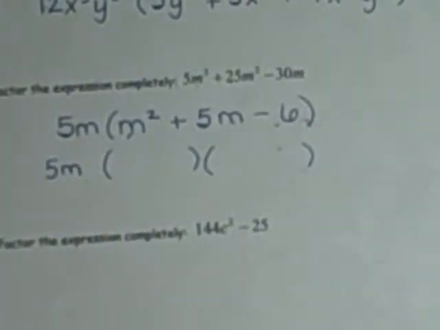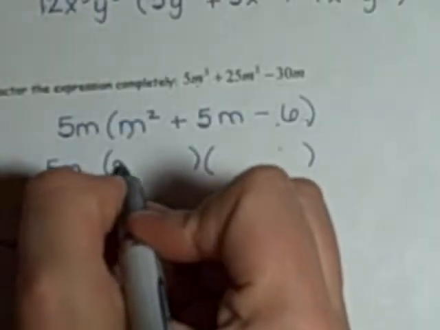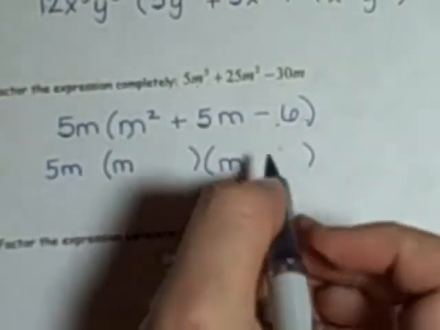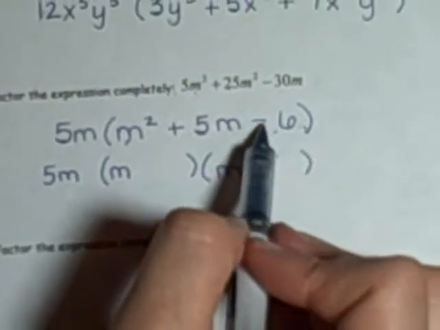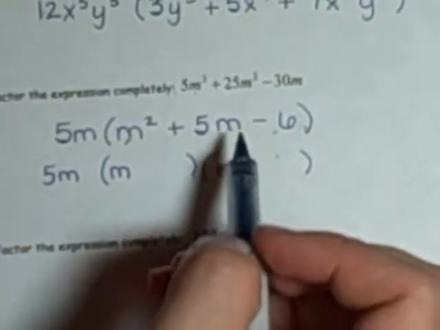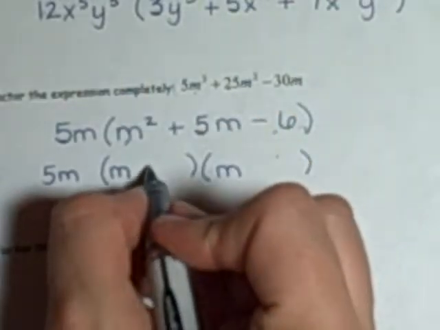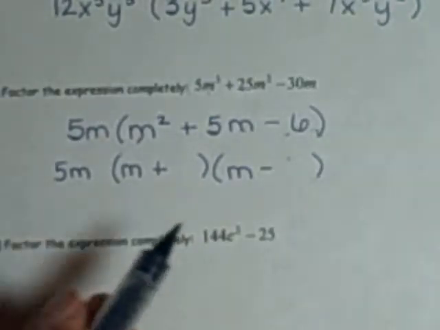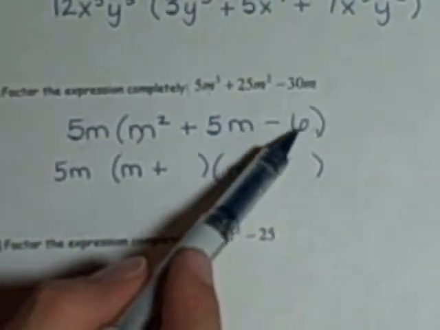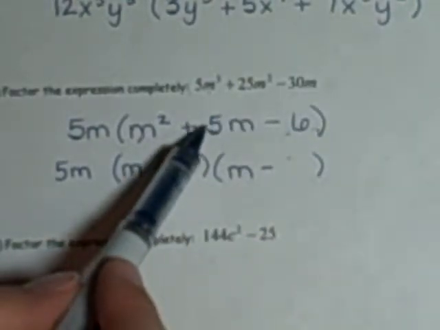It still works the same way. So I'm going to put an m here and an m here. Now this means that I want to multiply to make a negative number. The only way you can multiply to make a negative number is with 1 positive and 1 negative. And now I need to think about what would multiply to make 6 and add to make 5.